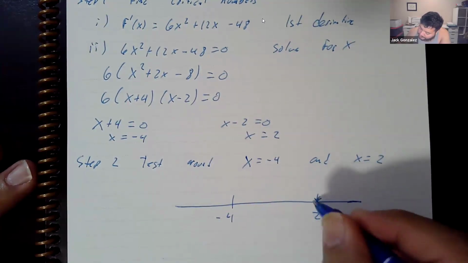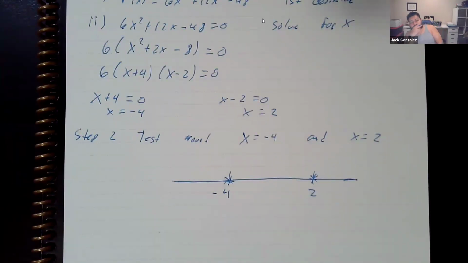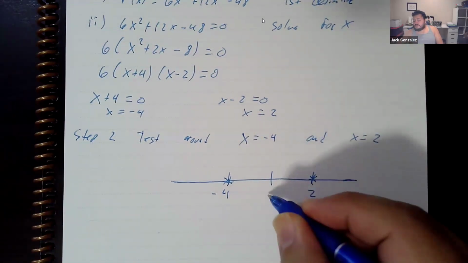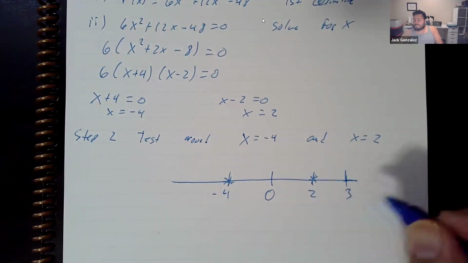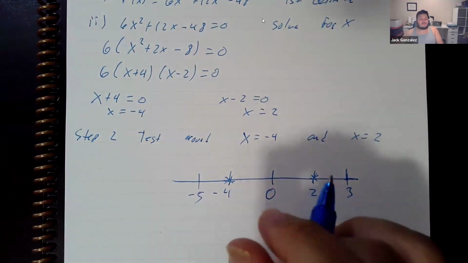The two critical numbers. So choose any numbers in between and after, so it doesn't matter. I'm going to choose the easiest ones. So when you do this on your own, if you see zeros available, take it. I just pick numbers really close. It's good enough.